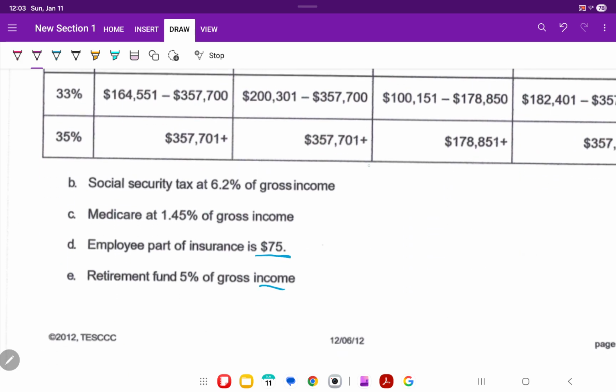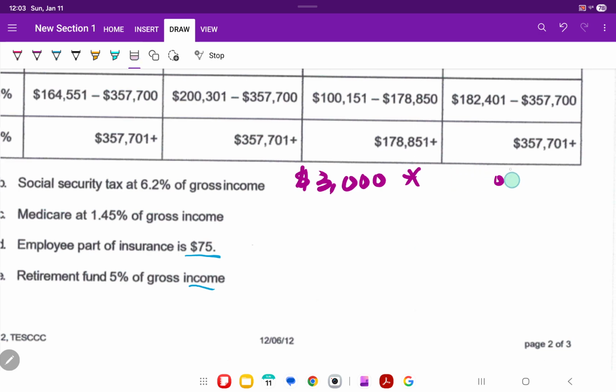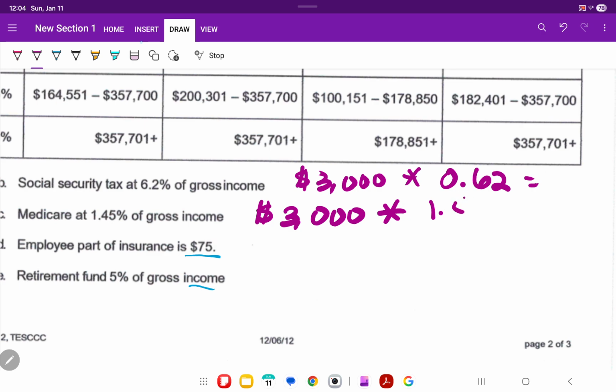All right, so you're going to take 3,000 times 6.2% or 0.062. Now for using the Desmos graphing calculator, you can type it in and then hit the percent key, and it will say like 1.45% of 3,000.